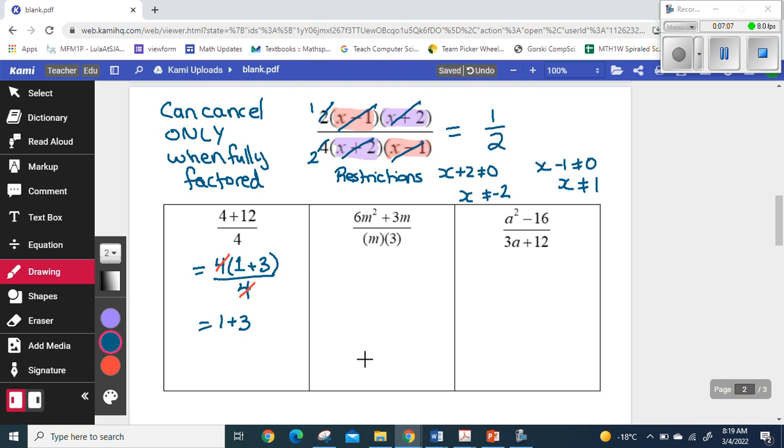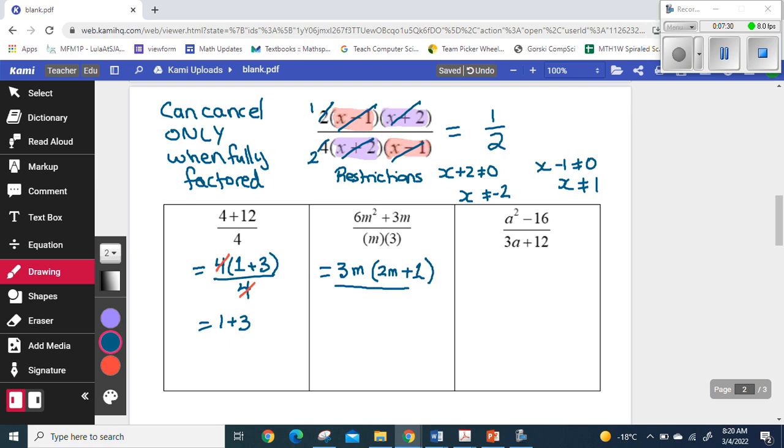Okay, same idea when we've got the letters. All right, let's look at the numerator. 3 is common to both. M is common to both. Open up our bracket, what's left? 3 goes into 6 twice. M goes into m squared, so I still got one more m. Plus, 3 goes into itself once. M goes into itself once.